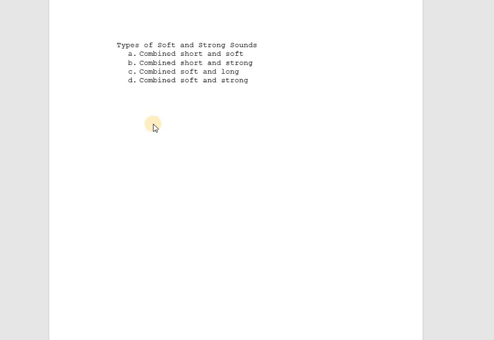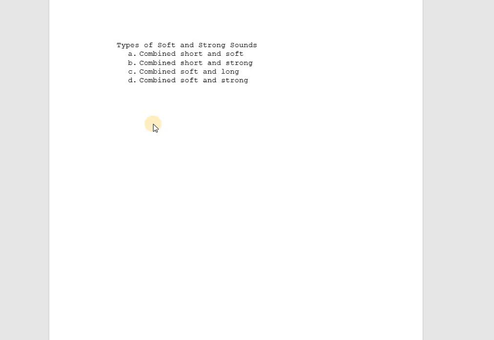These all are based on the time we stay saying it and how we say it. So we will see what is combined: short and soft. I will show some examples of each. There are no specific rules related to this. It's just to help you recap the rules that we have learned.